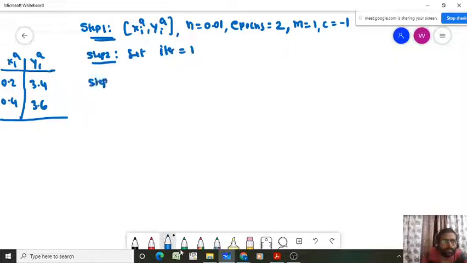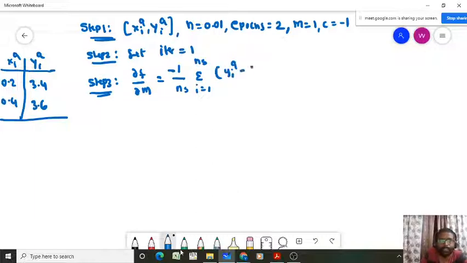Now in step 3, we are going to calculate the gradients. So what is the gradient? That is ∂f/∂m, with respect to m, that's equal to minus 1 divided by, what is the denominator here? That is the n_s, right? Sigma i equal to 1 to n_s of (y_i minus m x_i minus c) into x_i. I just now derived this in the previous whiteboard.